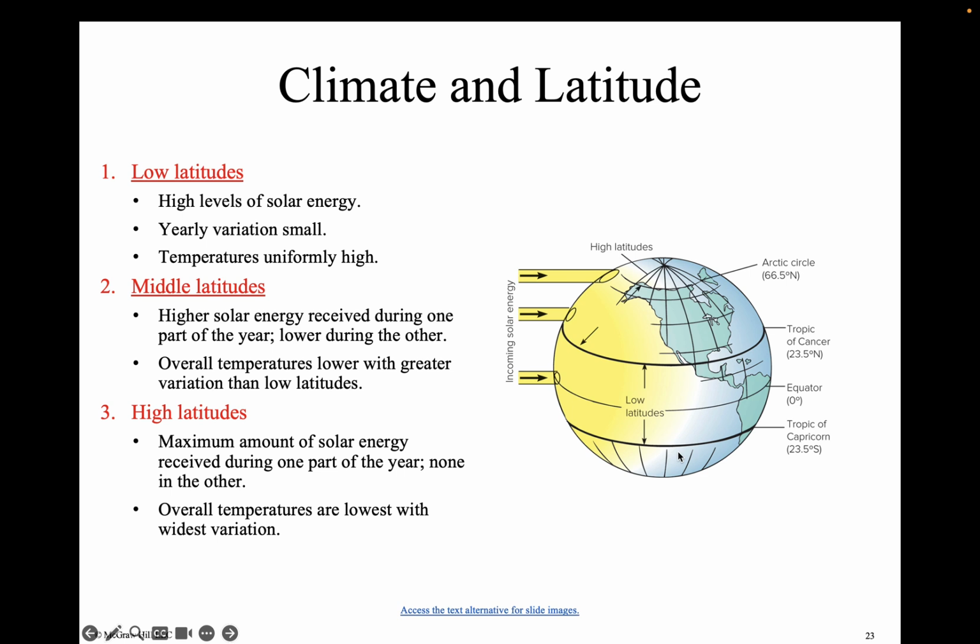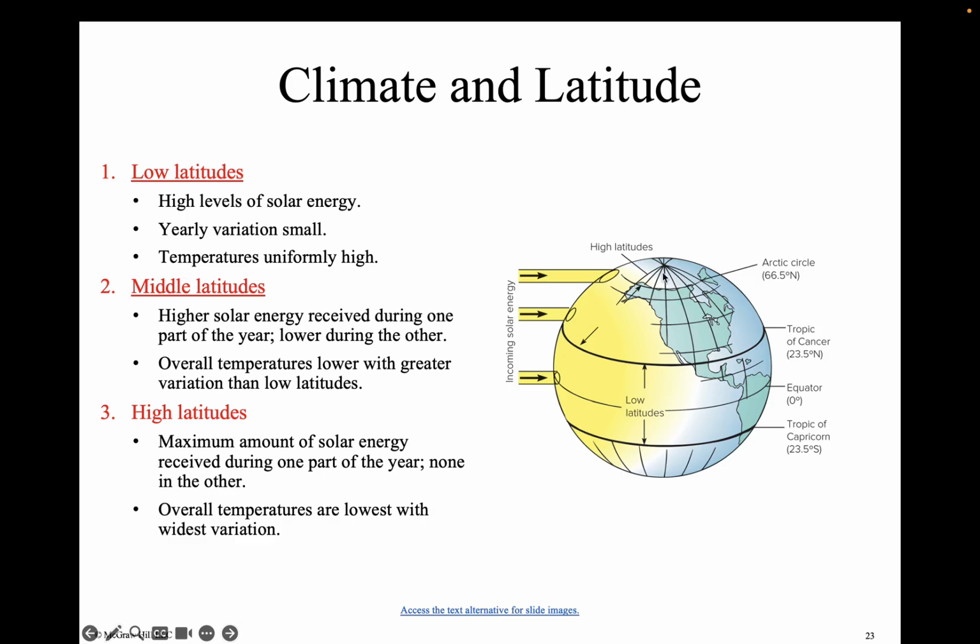Then we have regions of high latitudes, and that works for the North and also South Pole. This region is above the Arctic circle, and also in the south, like I said.